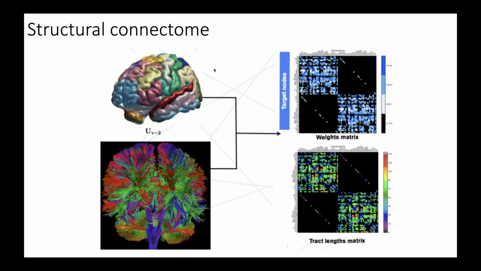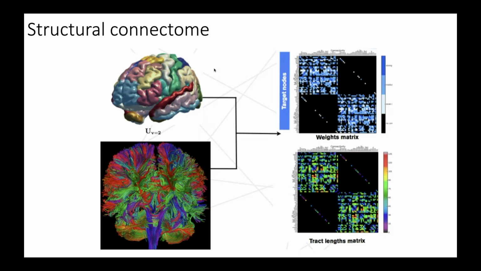And what we get out of this is a weights matrix, which specifies the coupling strengths, the interaction strengths between each pair of brain regions. And a matrix which specifies the average length of fiber tracks between brain regions, which can later be used to estimate the conduction delay, the delay of interaction between brain regions.